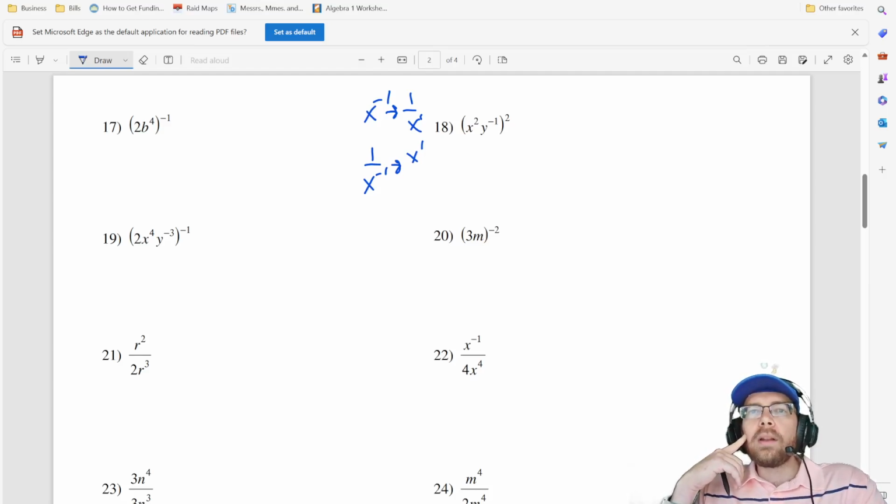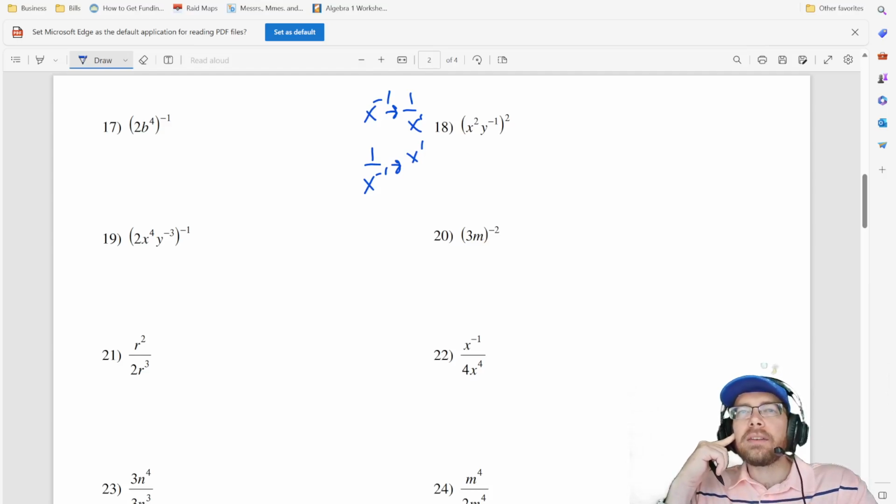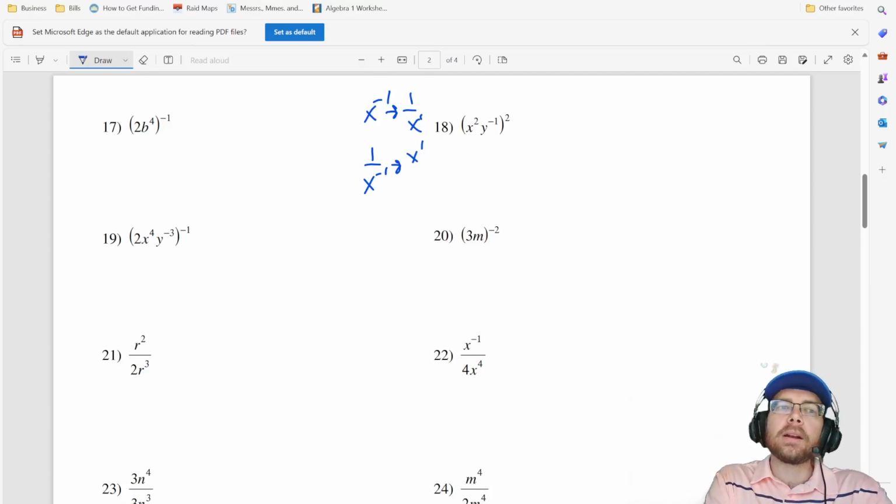One way to think about it is that it flips it. Another way to think about the negative power is that it will move it. If you already have a fraction established, it moves what you have from the numerator to the denominator or the denominator to the numerator. In this case, we want to think about flipping it because we don't already have a fraction. If we flip 2b^4, it's 1 over 2b^4.